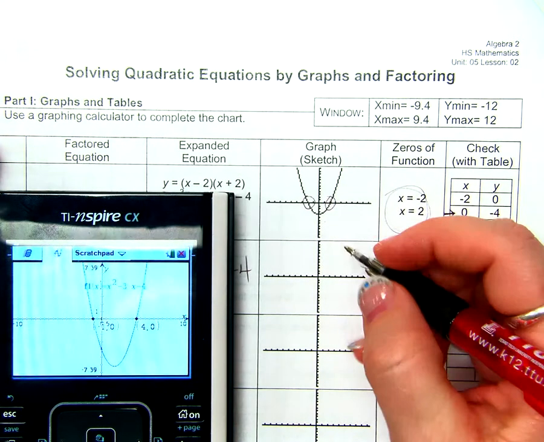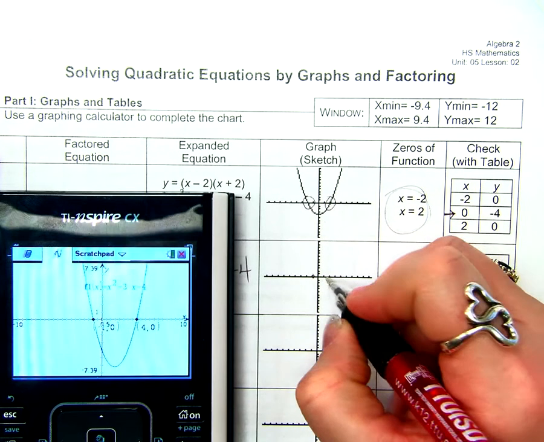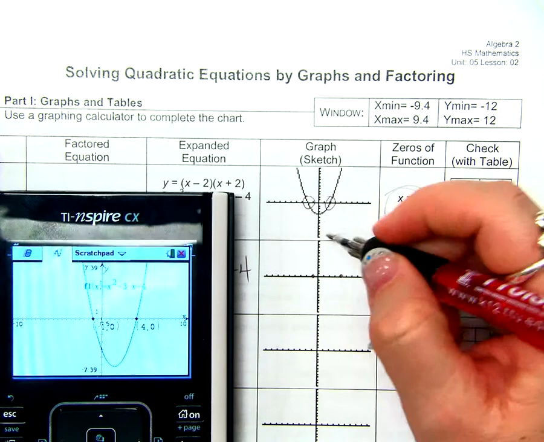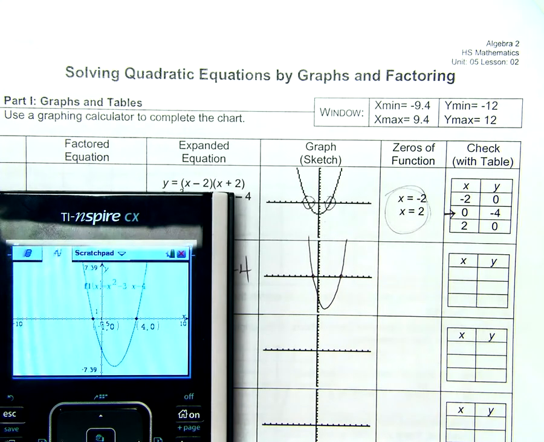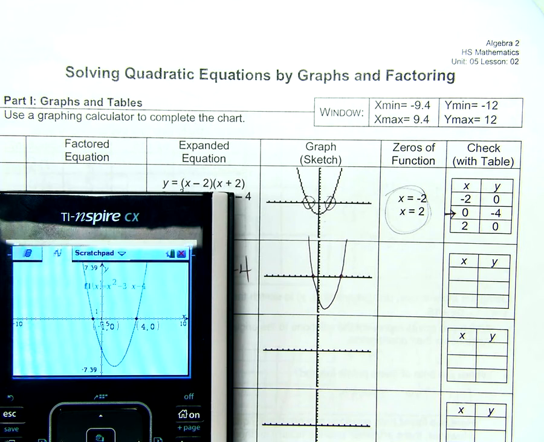Okay. So let's see right there, and there, and something like that. Now, how careful was I when I did that graph? Not very, but I know where it crosses the axis, don't I? And those are the solutions I'm trying to find. That's really what I'm focused on right now.